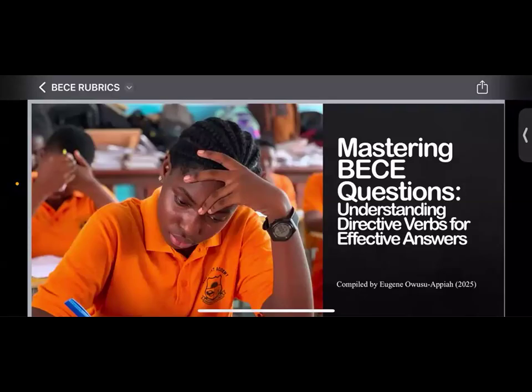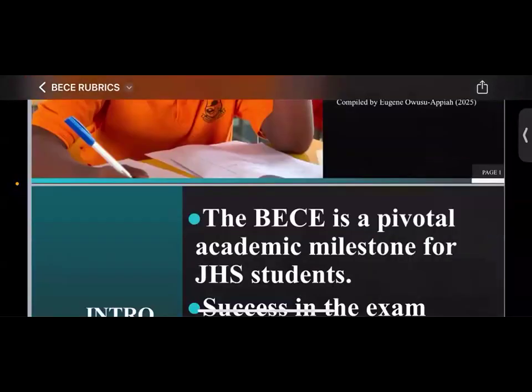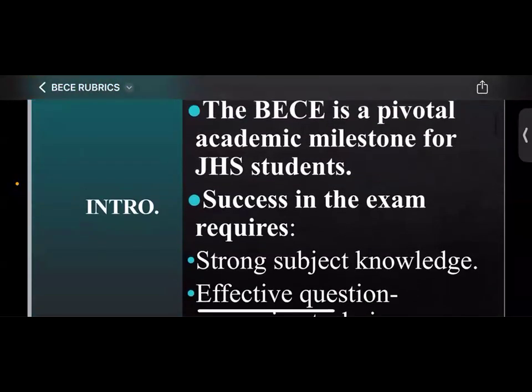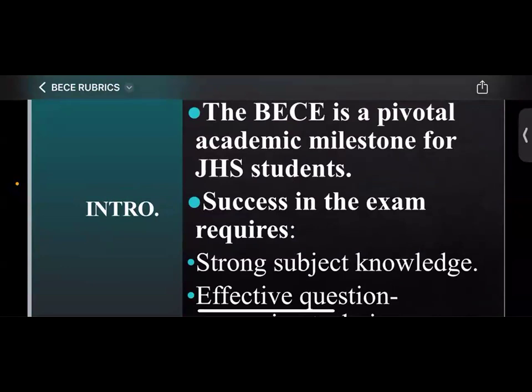And it has brought about a certain level of misunderstanding, even sometimes between students and teachers. So we will do well to explain to you what the various questions, especially the verbs, require of students to do. I will not waste time because we have quite a lot of things to do. The BECE is a pivotal academic milestone for JHS students.